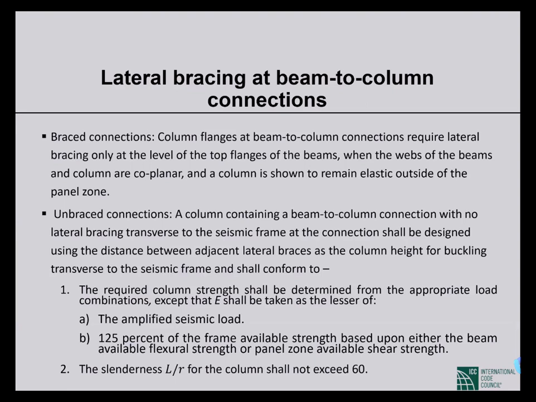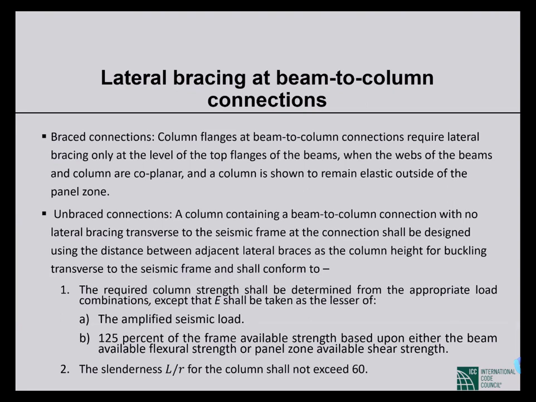Or what we can do, we can calculate the beam capacity and multiply the beam capacity. The beam must be capable of resisting the seismic forces, and the plastic moment capacity that the beam will provide at the beam level, we have to increase that to 125%, and then we want at least that amount of capacity in the column, or the panel zone shear strength capacity.